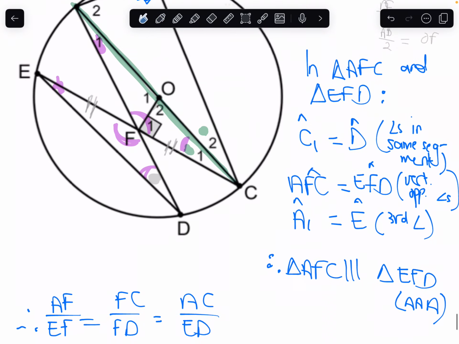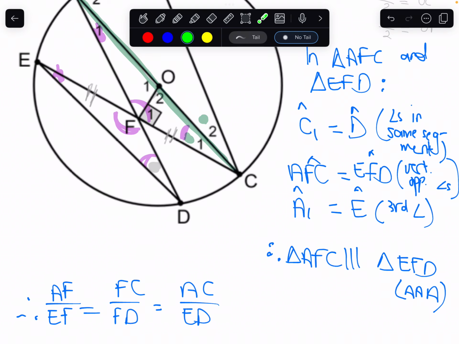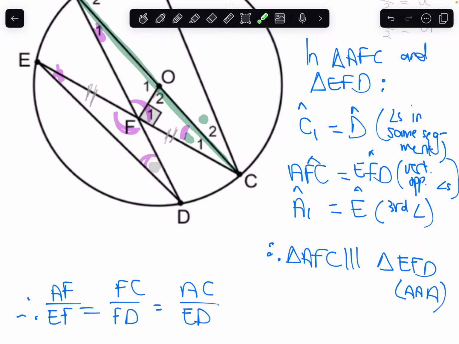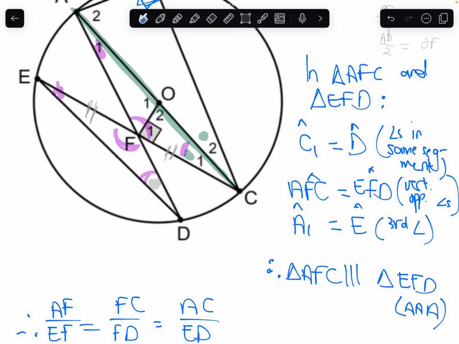Okay, and let's see which ones are going to be useful to us. So AF over EF is equal to FC over FD is equal to AC over ED.